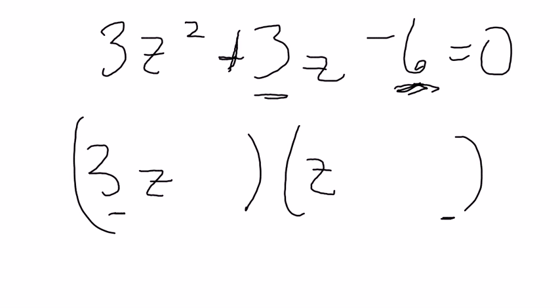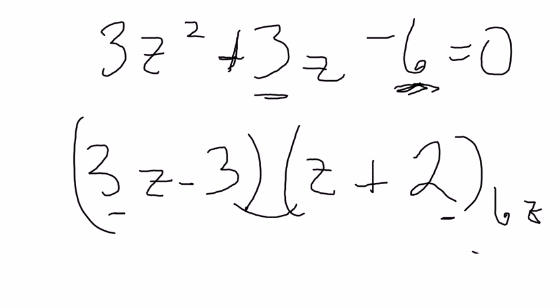Let's just test with the 2, and then I'm going to put my negative 3 there. If I multiply this out, 3z times 2 is 6z, and then this will make negative 3z. That's going to give me a positive 3z, which is exactly what I want.